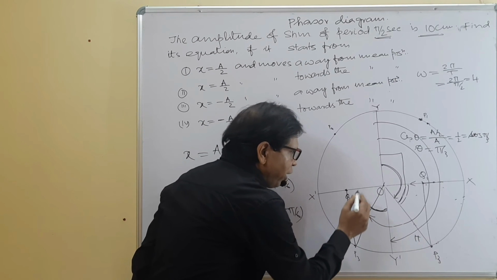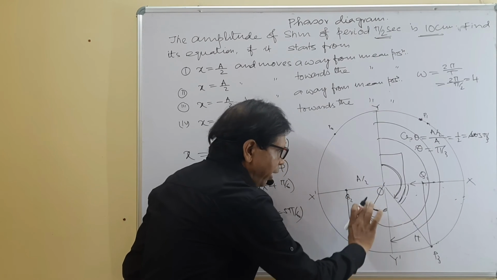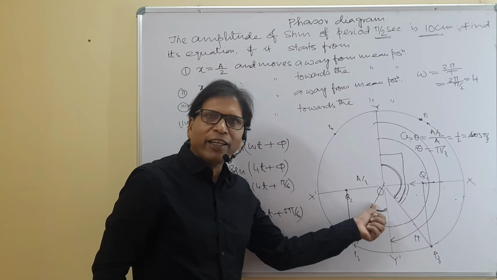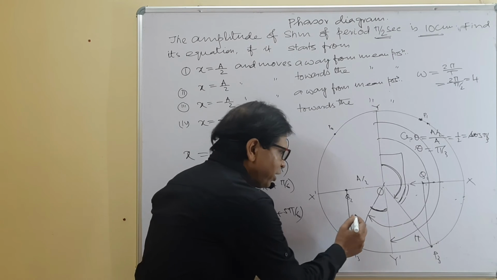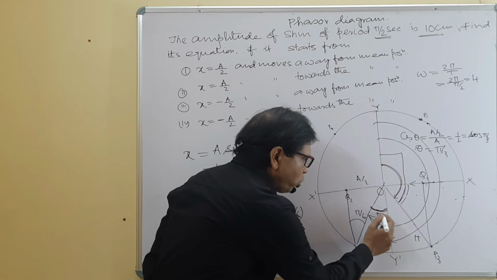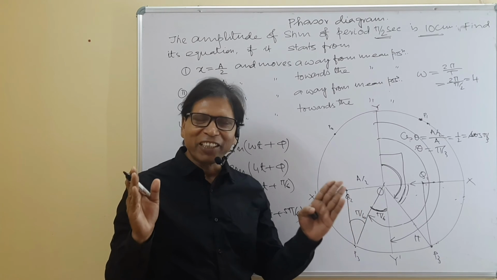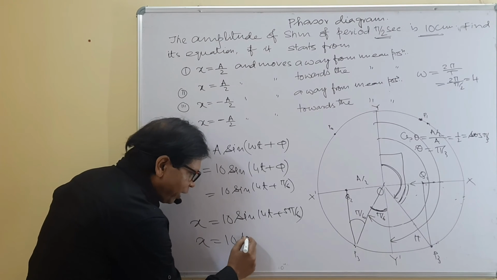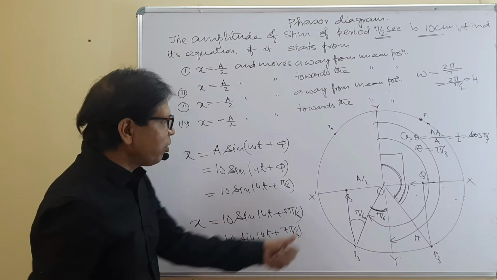If this is a by 2 and this is a, this is the perpendicular and this is the hypotenuse, so sin phi equals a by 2 by a, that is half, so this is pi by 6. If this is pi by 6, this also is pi by 6. So the initial phase is pi plus pi by 6, and the equation of SHM becomes x equals 10 sin(4t plus 7 pi by 6). Okay, now the last problem.